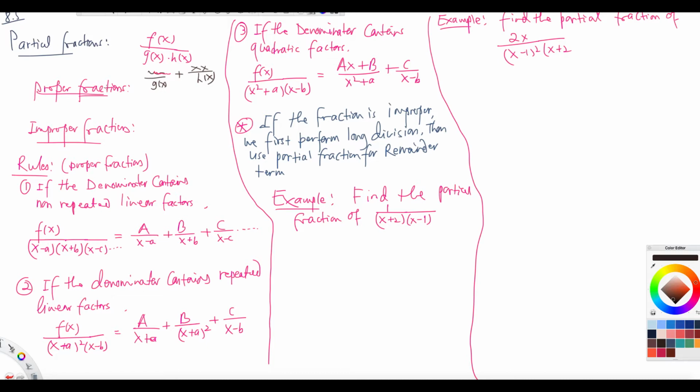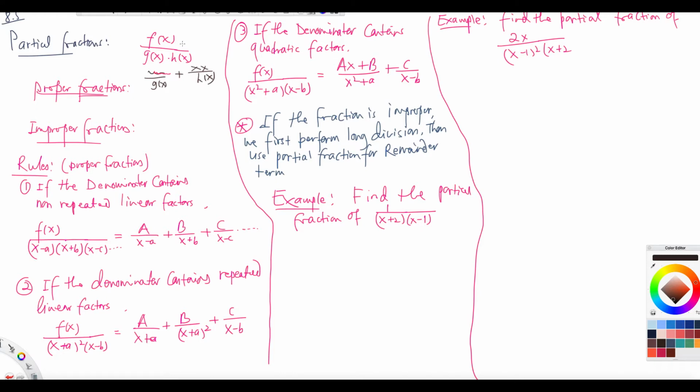First of all, what do we mean by proper fractions and improper fractions? In algebraic expressions, if there is x in the numerator and x in the denominator, it is called a rational function.